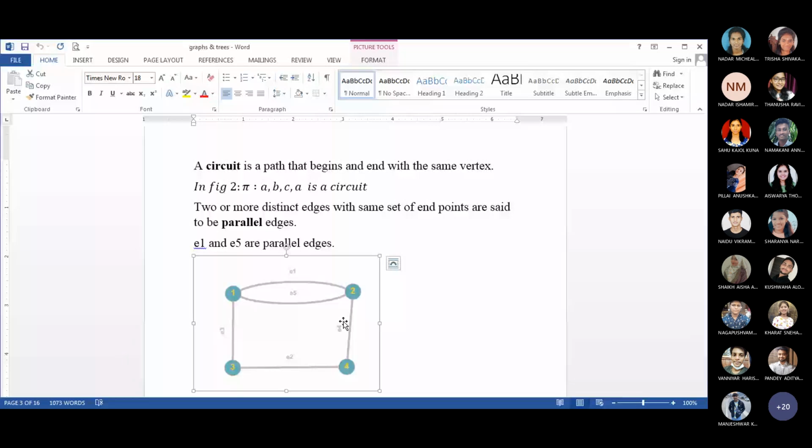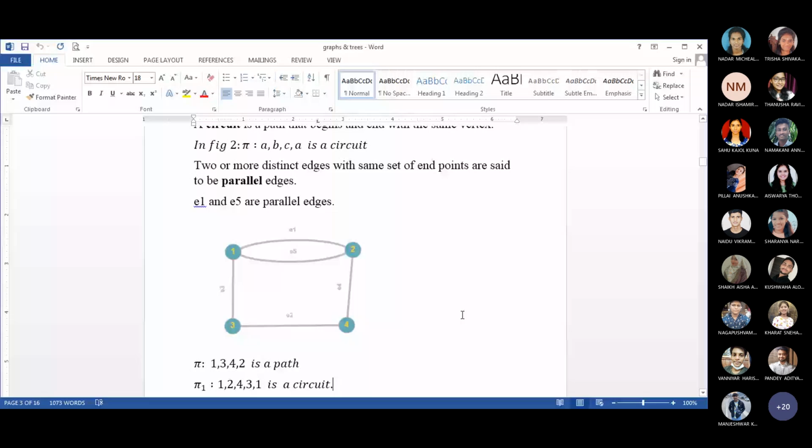You can see in the diagram E1 and E5 are parallel edges because they are two distinct edges between vertex 1 and vertex 2. There are two different edges between the same set of vertices. So E1 and E5 are parallel edges in the diagram.